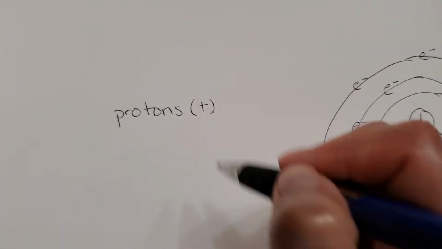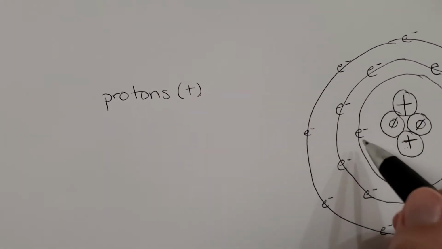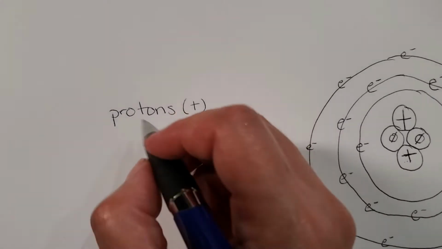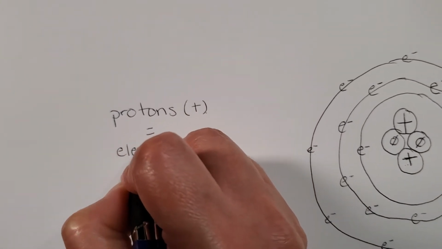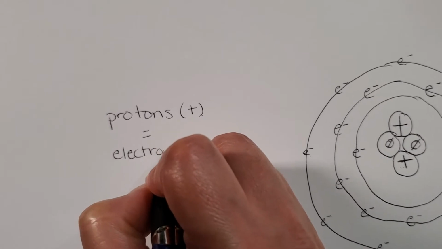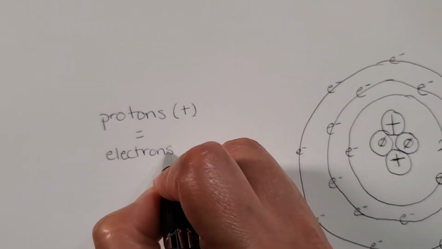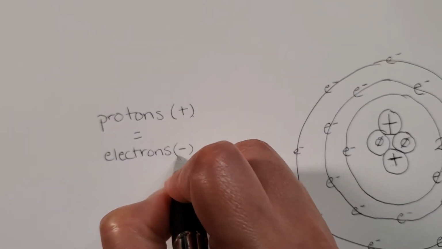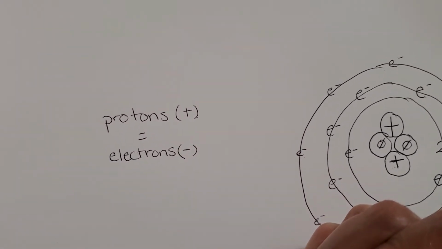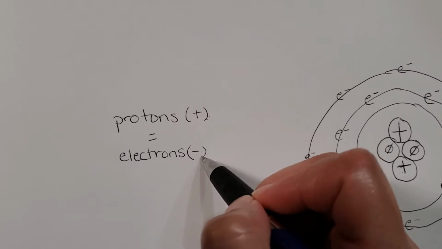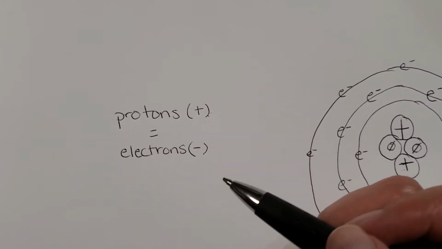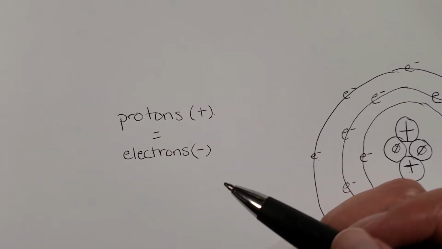Well, for each proton we have, we're going to also have a negatively charged electron. So because of that, in a perfect world, our protons and our electrons are going to be equal to each other. Okay, so if we have 2 protons, we'll have 2 electrons, because that's what the equal sign means. They are equal. It's the same number.